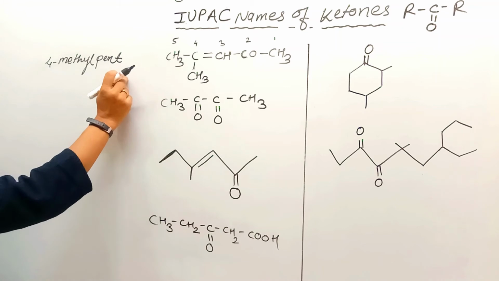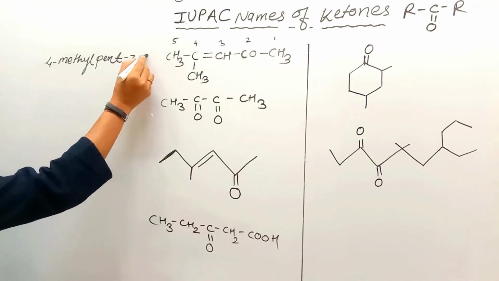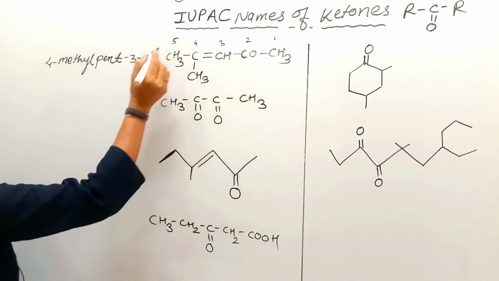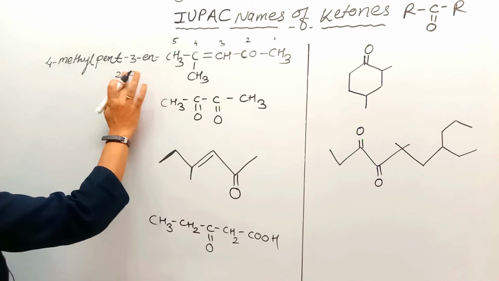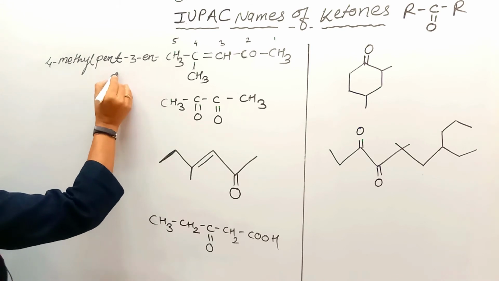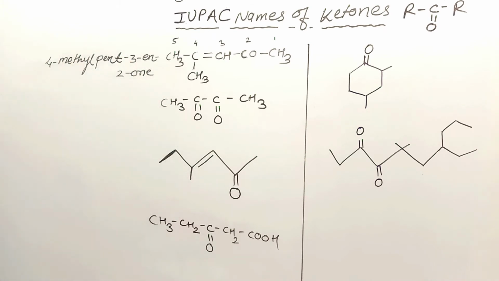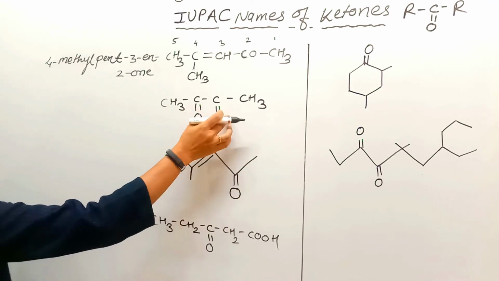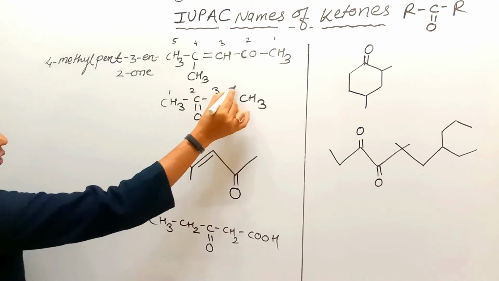At third position there is a double bond, so 3 in en. Then at second position CO, so dash ONE, means 2-one. Okay, see the second one, number from any side because the functional group is at second position. 1, 2, 3, 4.